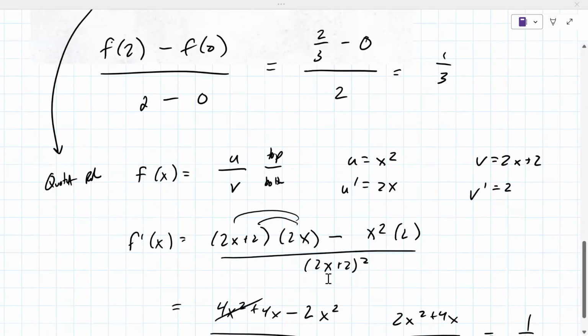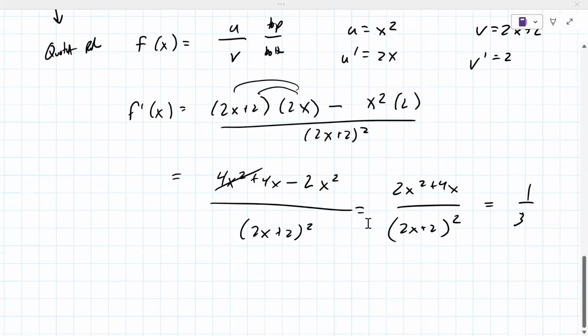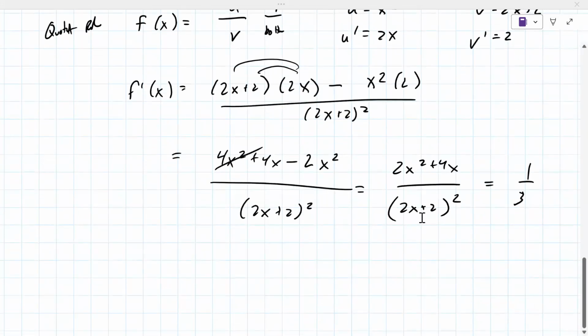Okay, so they factor that out. 4 is with that 2. Yeah, okay. So this works. Now does this actually solve? Let me see if this works out nicely. Yeah, this doesn't work out that great, but okay.